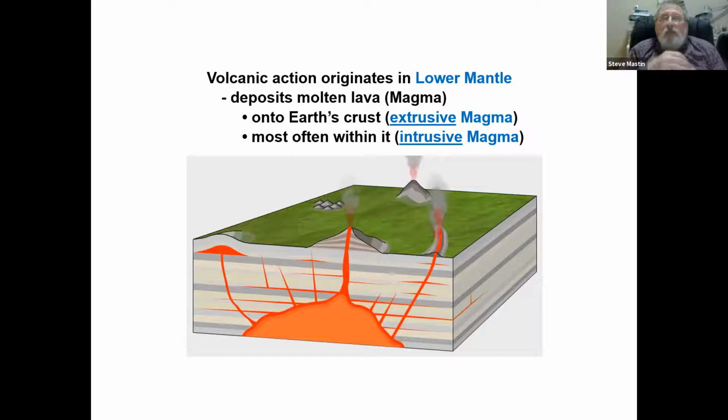And the important word's extrusive, but most of the time the lava never reaches the surface and gets deposited in either big domes or in those long stringy things, which we'll talk about in a minute. And that's called intrusive magma. It never sees the light of day. And so that's why the crust looks like the mantle, because it is the mantle. That's where it came from.